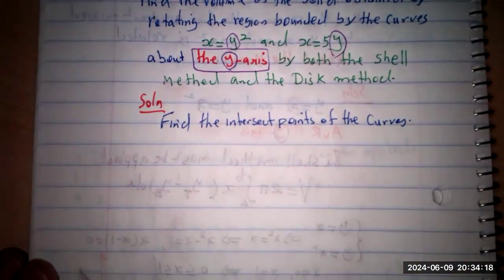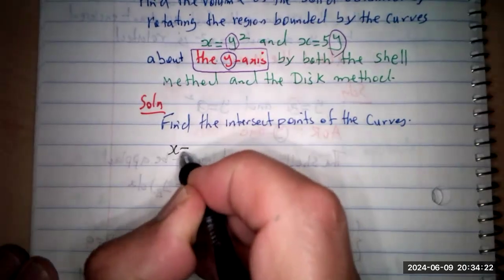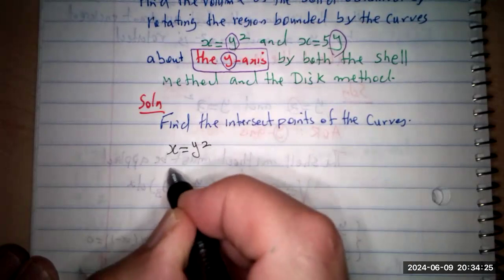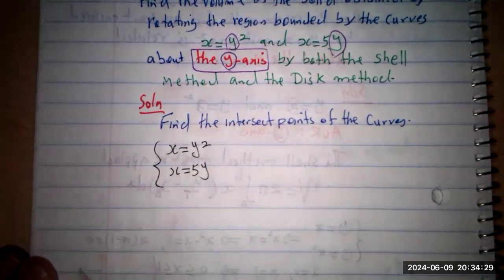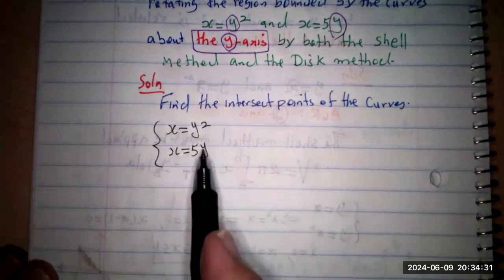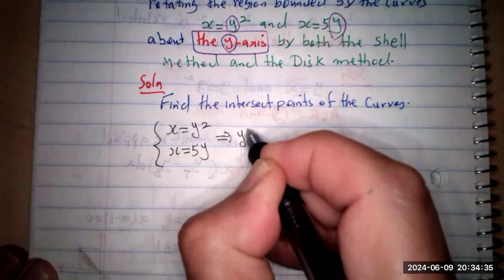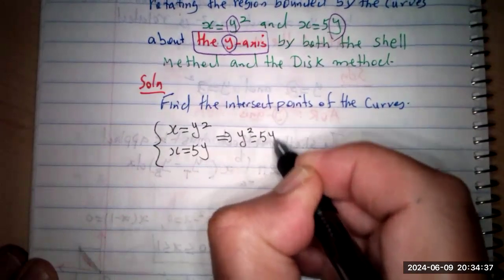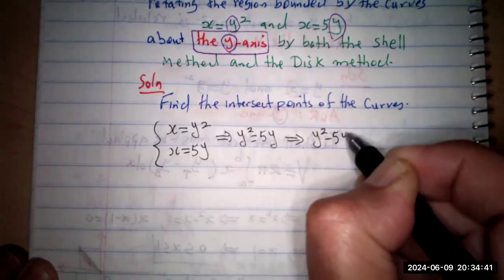That's the important part. Easy to do, just x equal to y squared, and x equal to 5y. Substitution method, let the two equal each other. So this is going to be y squared equal to 5y. Move everything to one side of the equation, use factoring.